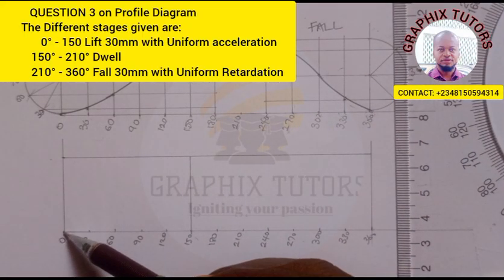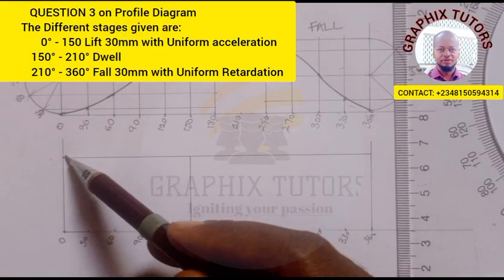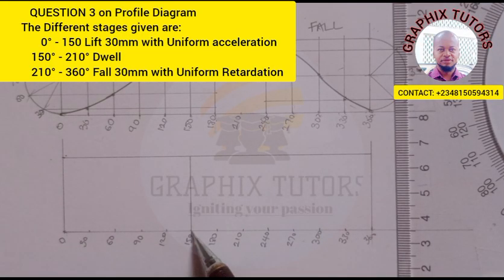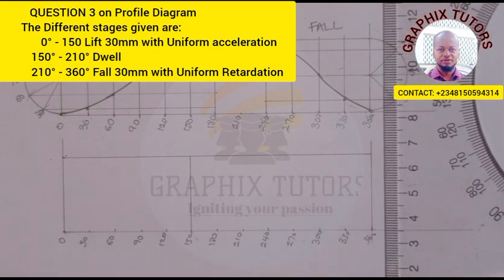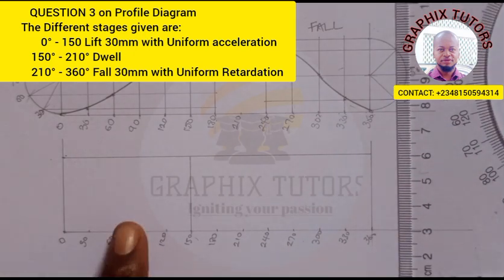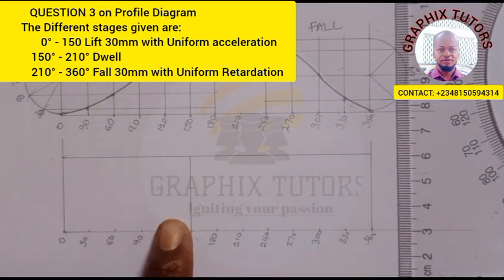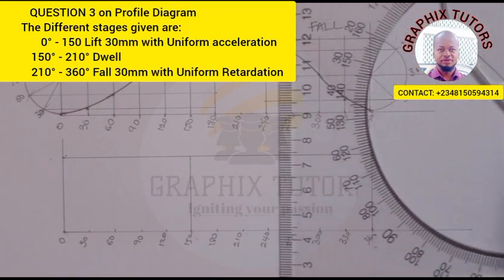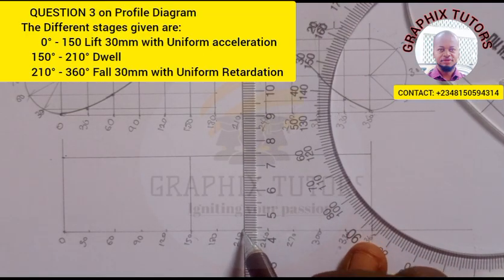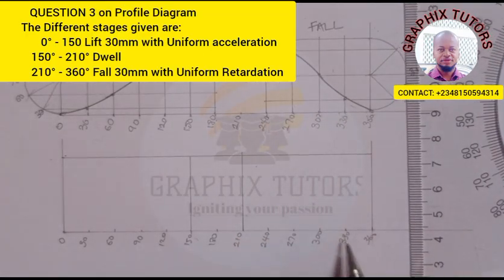So in whatever I divide the vertical, I must always divide the horizontal, right? So that's the first stage, the lift. Then the next one is 150 to 210. That is dwell. This is another stage. Then the remaining one is what?